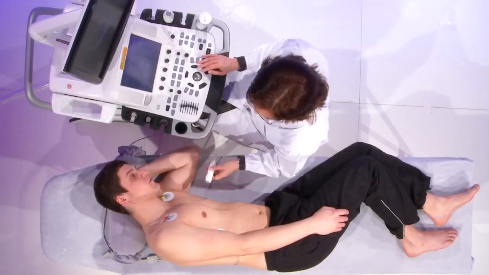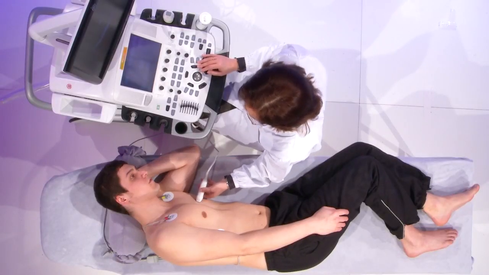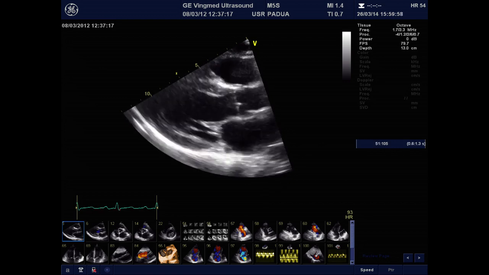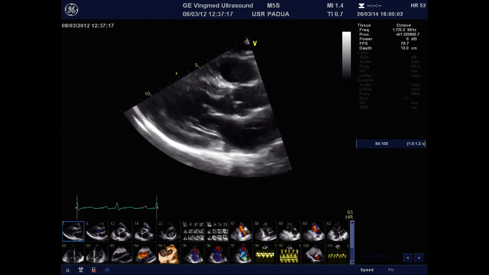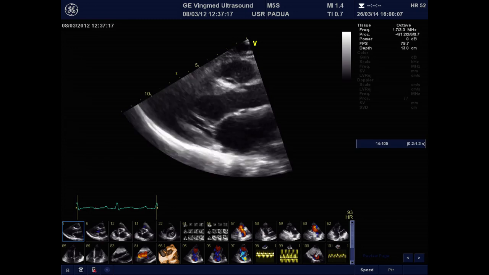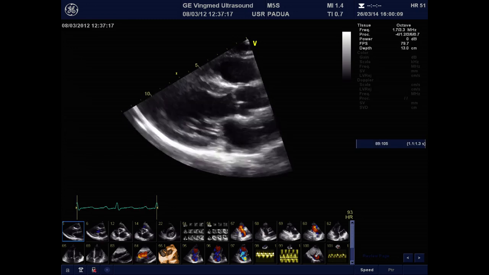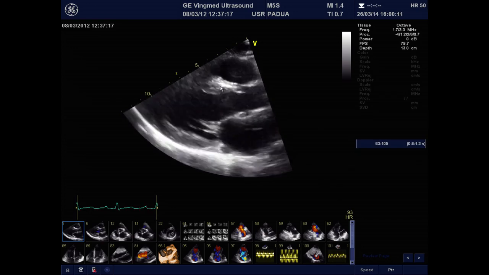So, let's start the examination with the parasternal longitudinal view of the left ventricle, which, even if it does not allow us to assess the tricuspid valve, gives us important information qualitatively about the size of the right ventricle, which in this case, as you can see, seems normal.